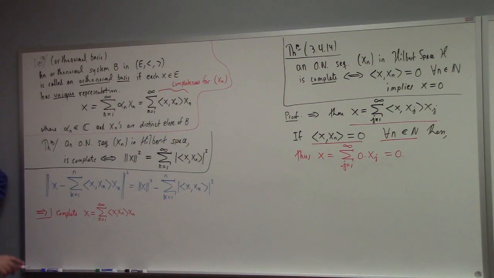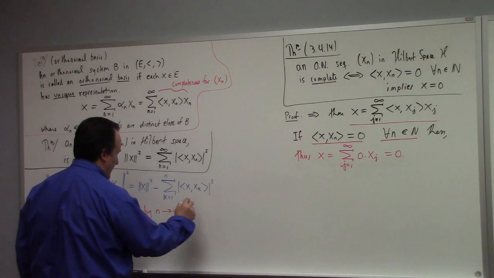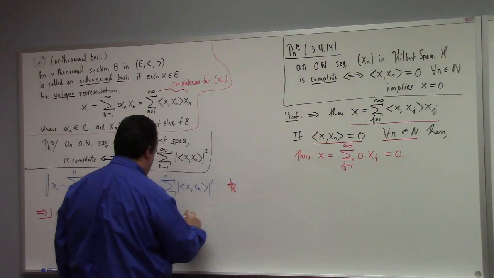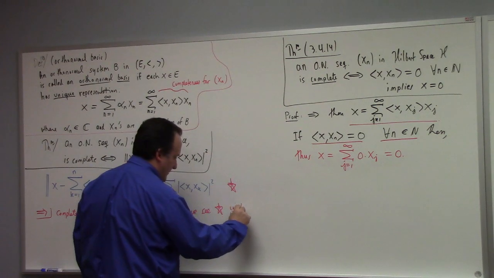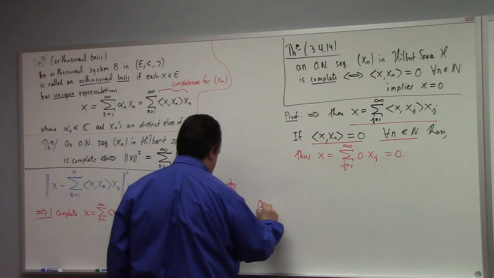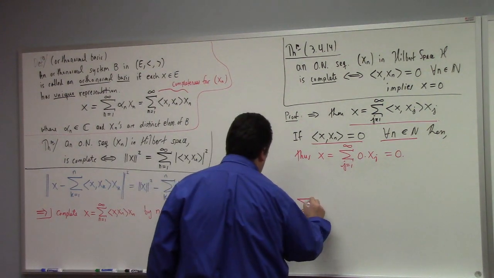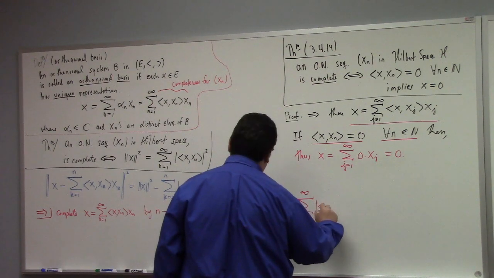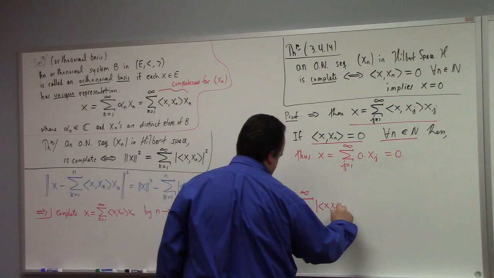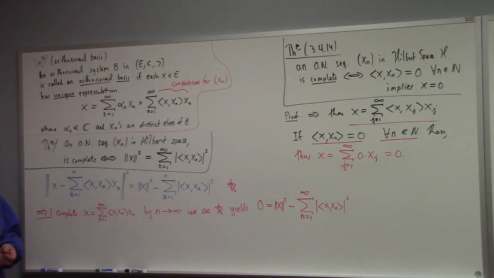Taking the limit as n goes to infinity, let me call this equation star. Star yields 0 is equal to the norm of x squared minus the series n equals 1 to infinity of the absolute value of the inner product of x with xn, squared. And that is exactly the claim of Parseval's formula.